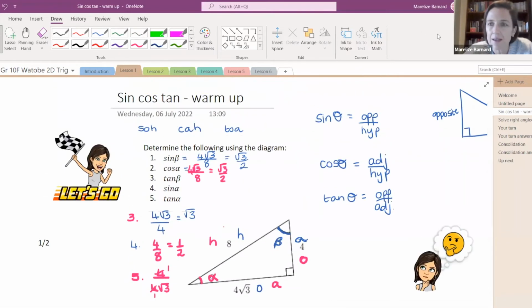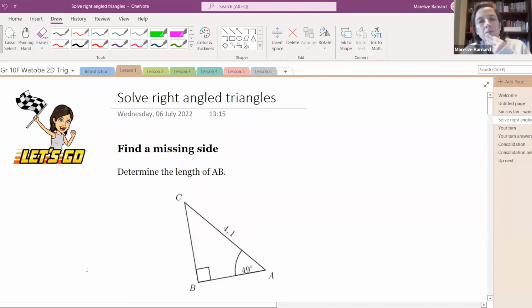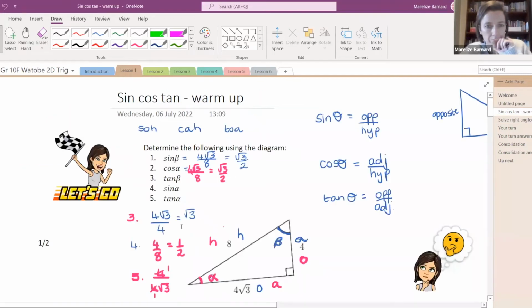That's great. Yes, Bukamusa, what is your question? Yes, ma'am. By number 4. Yes, number 4. I saw the final answer was a half. But I don't quite understand how it actually became a half, because my final answer was root 3 over 2.